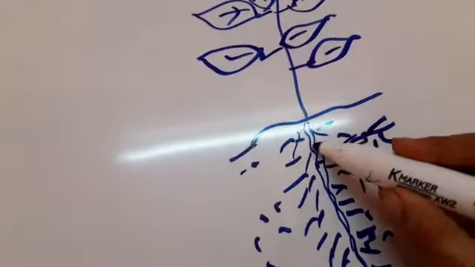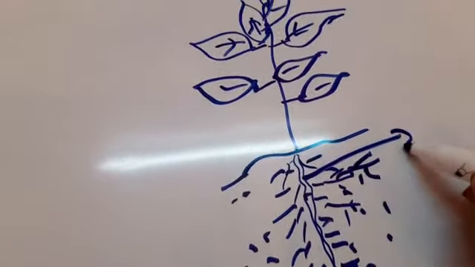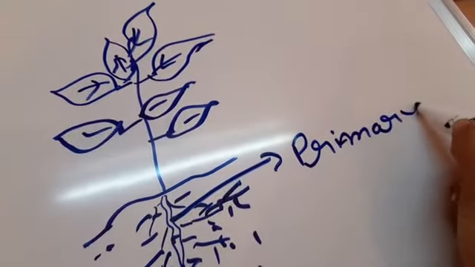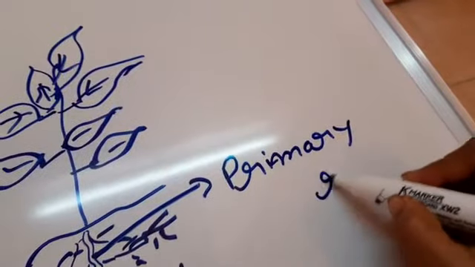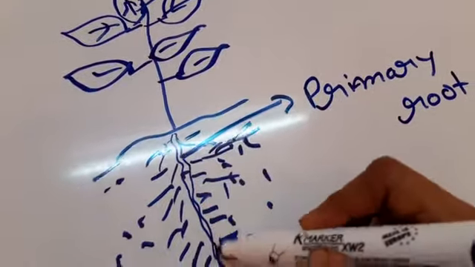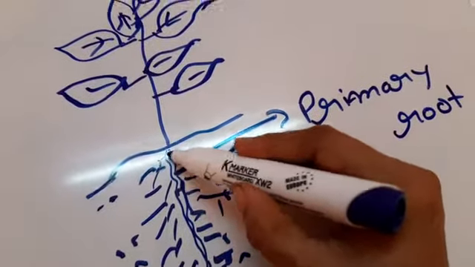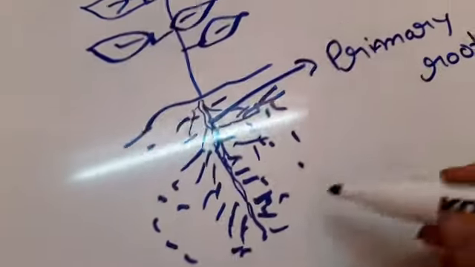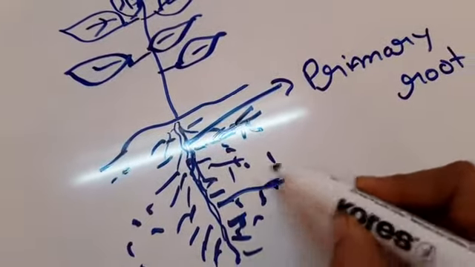This is the primary root, the main center vein. And this is a secondary root.